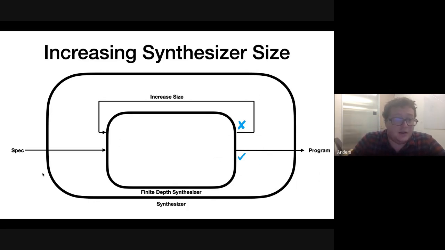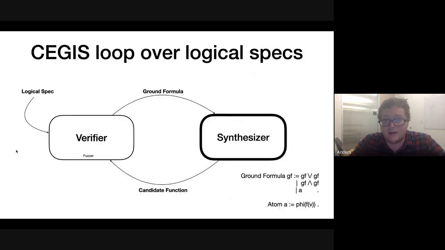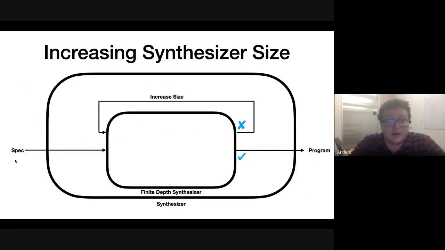but I want to mention the way we synthesize in this synthesizer right here, this bold synthesizer, not the full logical spec, but the one over ground formula. The way you do it is you take in the specification and you say, okay, can I synthesize anything of size 7 or less?